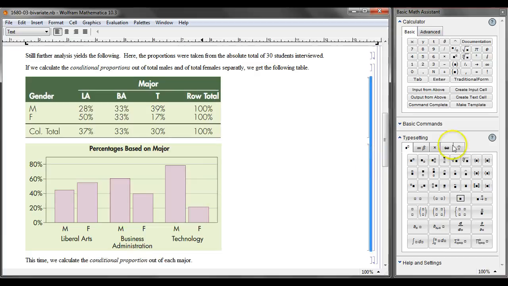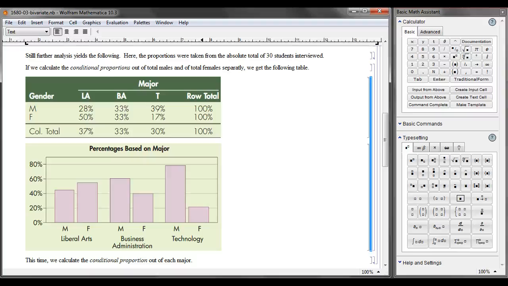By the way, here is those conditional percentages based upon those conditions, let's say conditional proportions based on major is set, but the condition is the gender and the percentages of major.